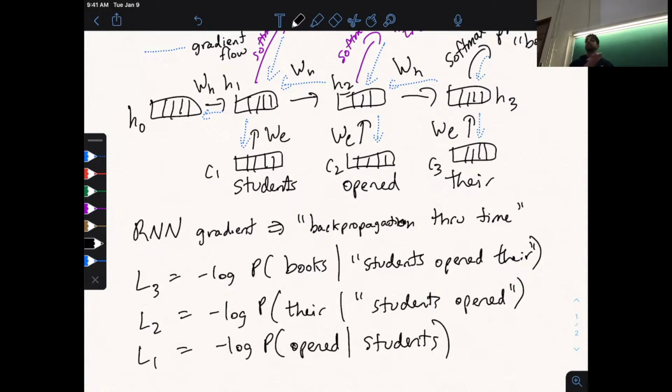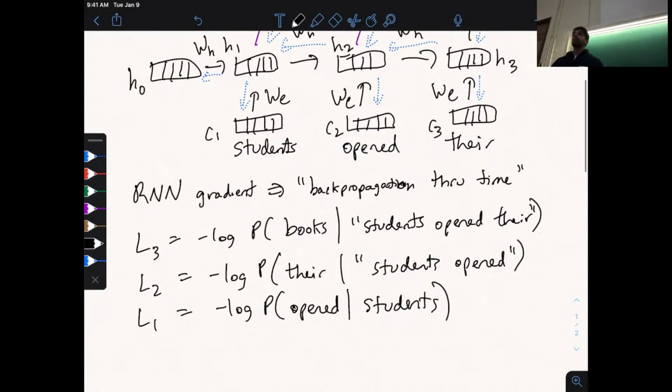Right, so I actually have 3 loss functions here, and I can even have a loss at the first time step on probability of predicting students given the start of sequence token. But for now, let's just say I have these 3 different loss functions, and I've computed all of them through one pass through this sequence, right?